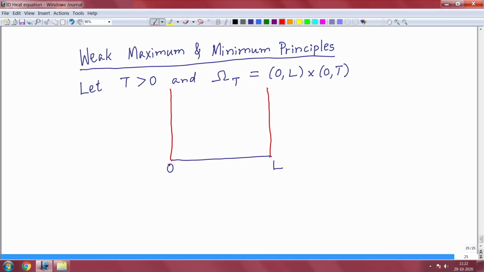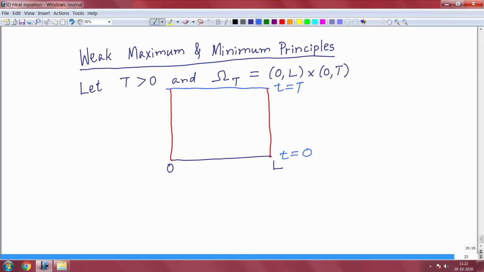And this is the level t equal to T, and this is t equal to 0.